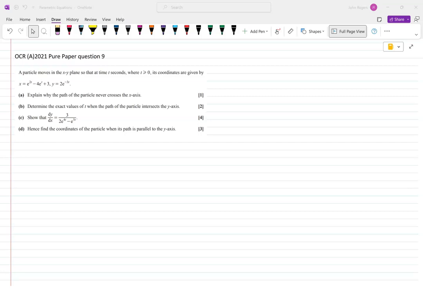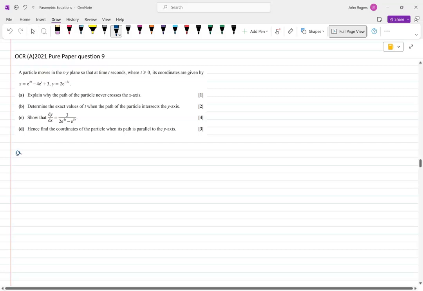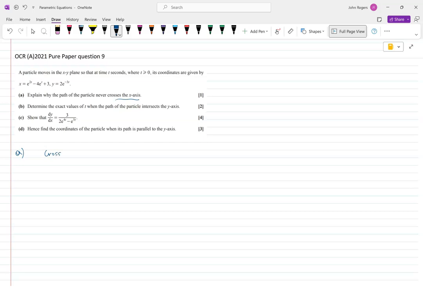So the first part is a little bit of interpretation of a curve, and it says it never crosses the x-axis. It would cross the x-axis if or when y equals 0, but y is equal to 2e to the minus 3t, which is greater than 0 for all t, because it's an exponential function.